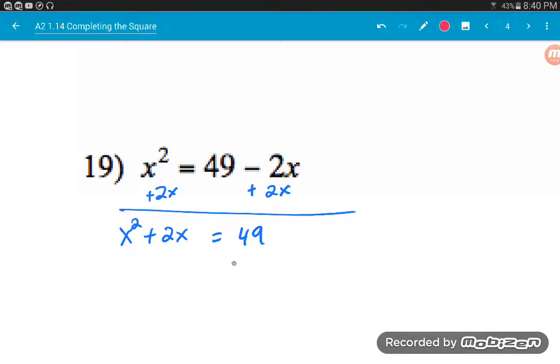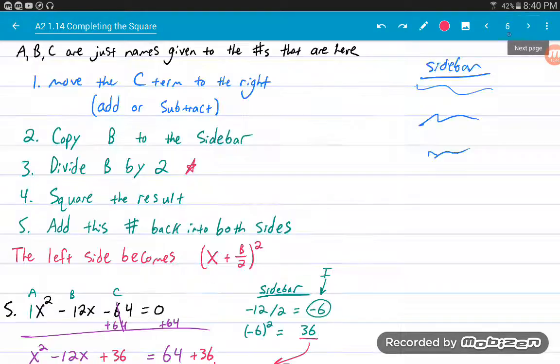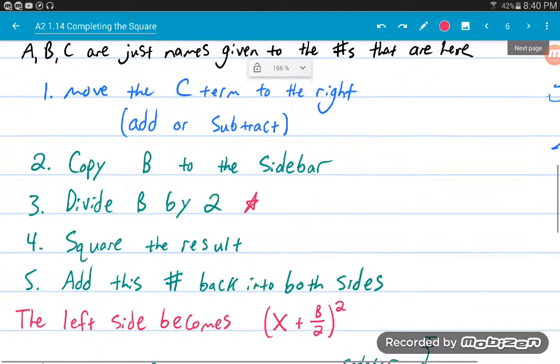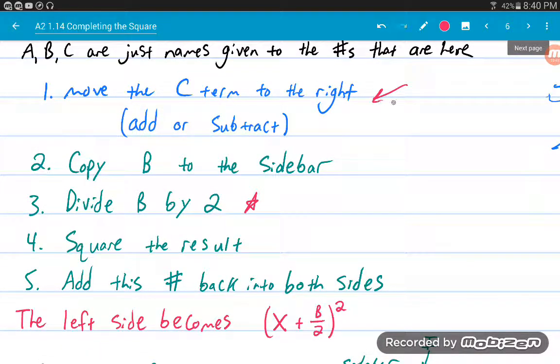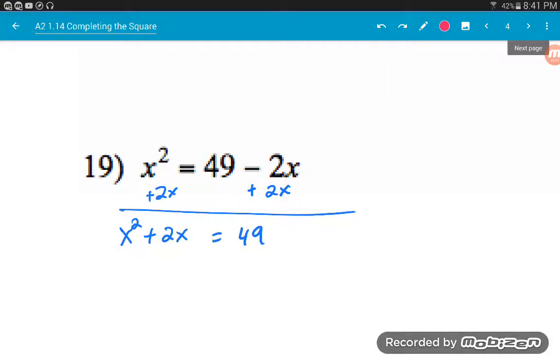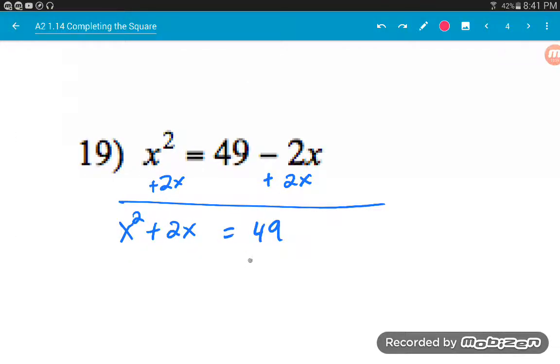If you are intuitive, if you see the patterns, then you may notice that this is already the c term moved over to the right-hand side. So for an example like that, we're already done with step 1. We can sort of check that guy off. The c term is already moved to the right.